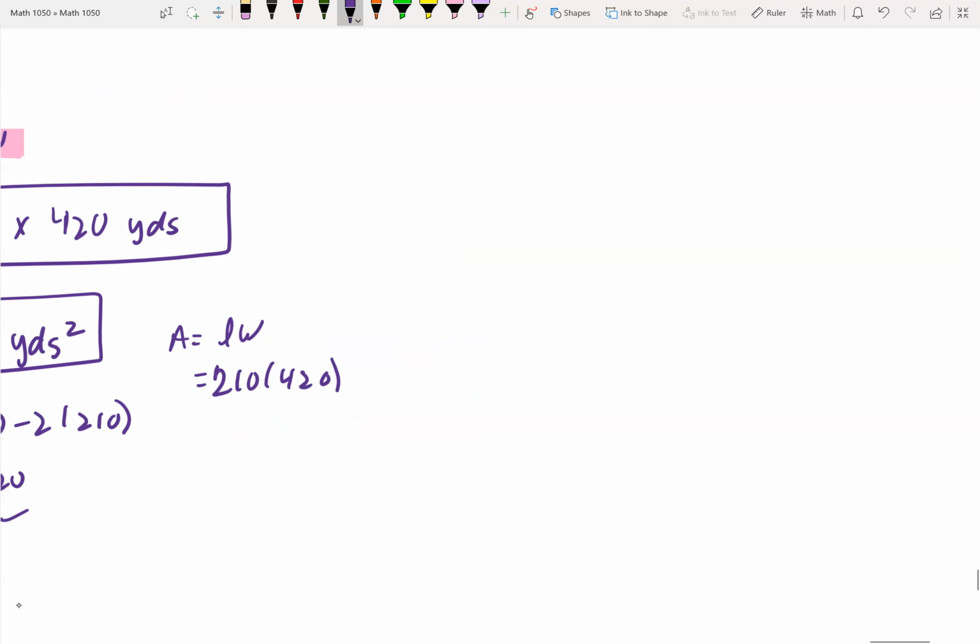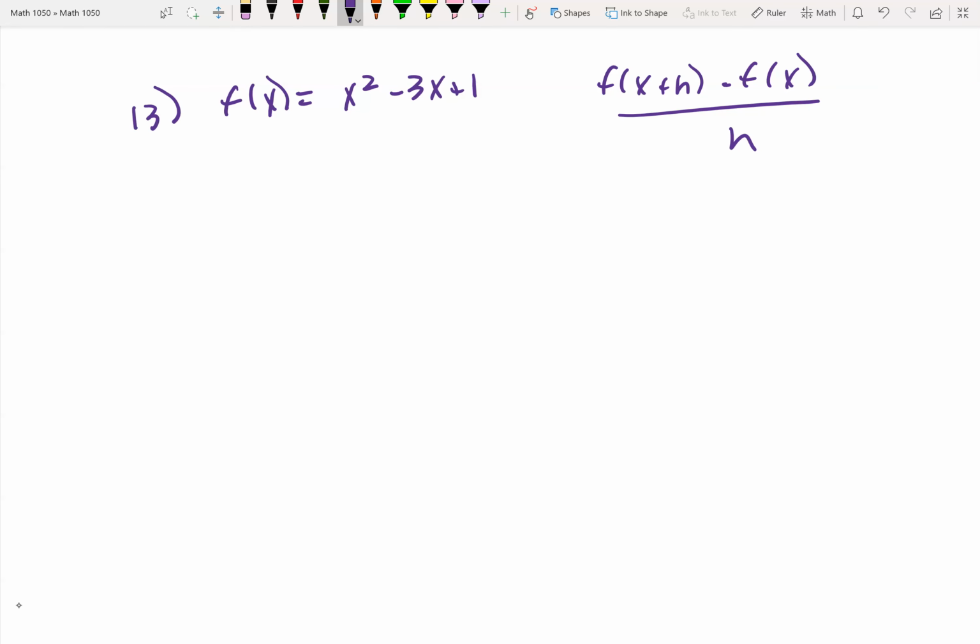Okay, question 13, difference quotient. So here's your equation. And they give you the formula for the difference quotient, and they will always give you the formula for the difference quotient. So let's do this first. Write down that original equation.